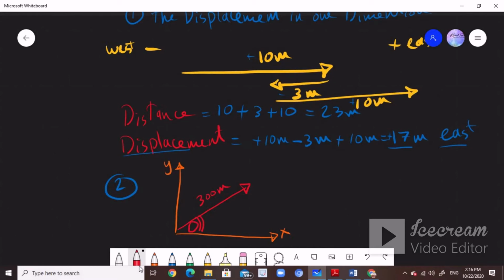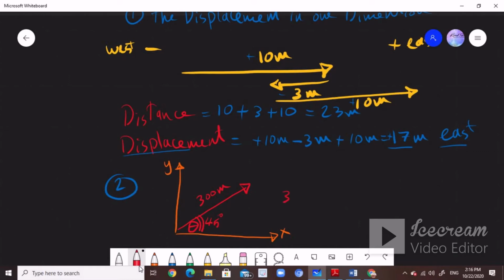This angle we will call theta. Theta is the direction of this vector. Suppose this theta equals 45 degrees.